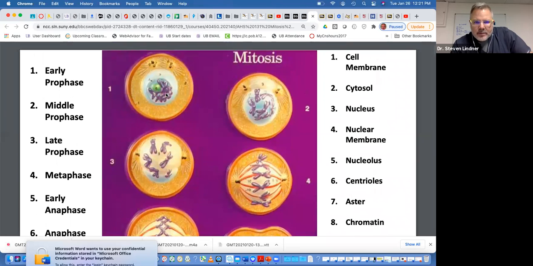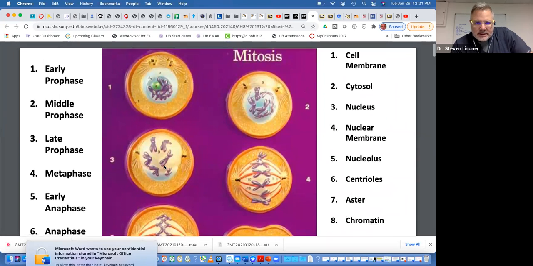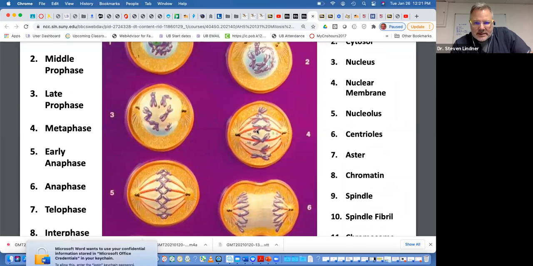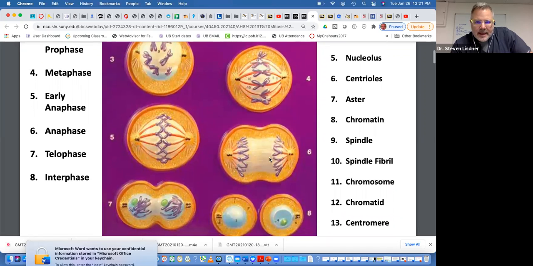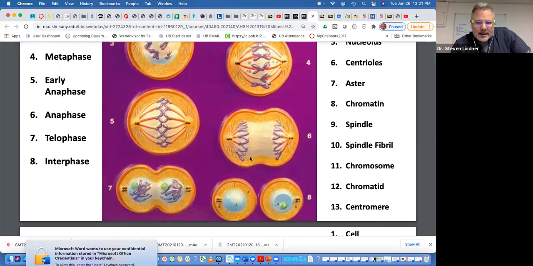So far, we have early, middle, and late prophase, metaphase, early anaphase, then regular anaphase, and then that's PMA, now we have T for telophase. We can see the invagination right here beginning. It's starting to separate, to kind of do something like this, where it wants to invaginate like this to come in, and then eventually they separate and you have interphase, which is number 8.